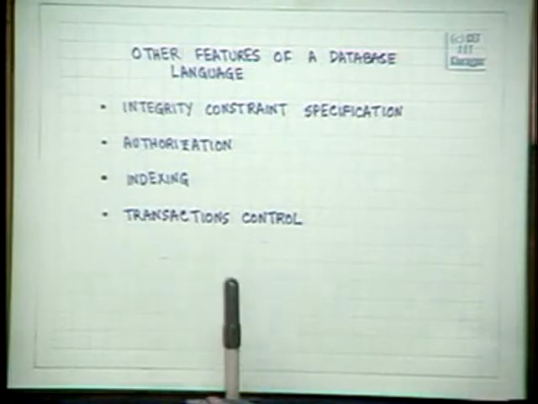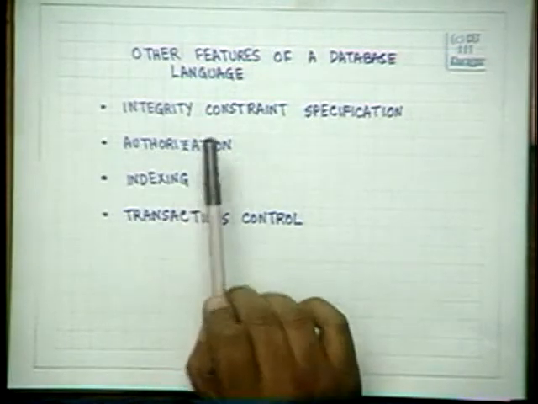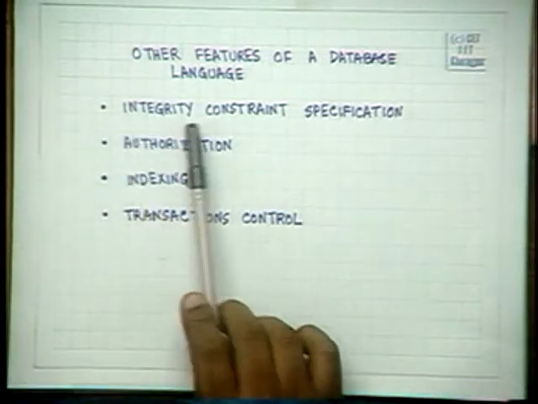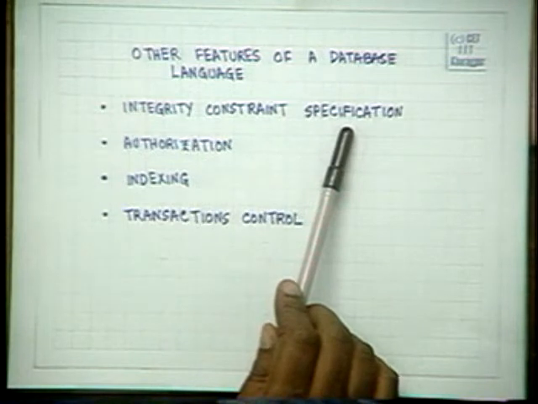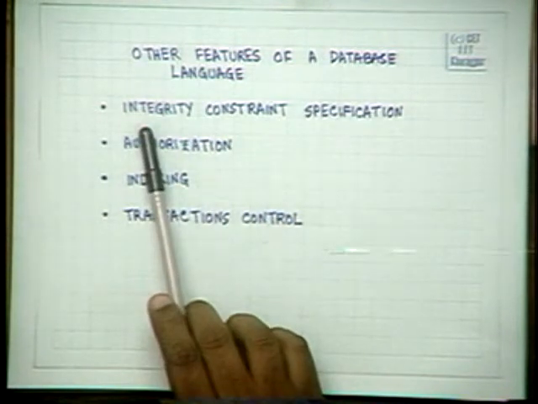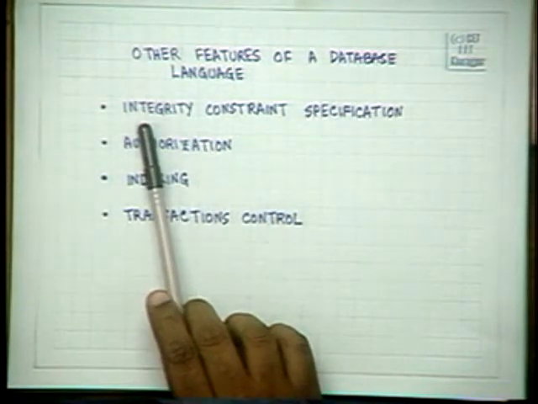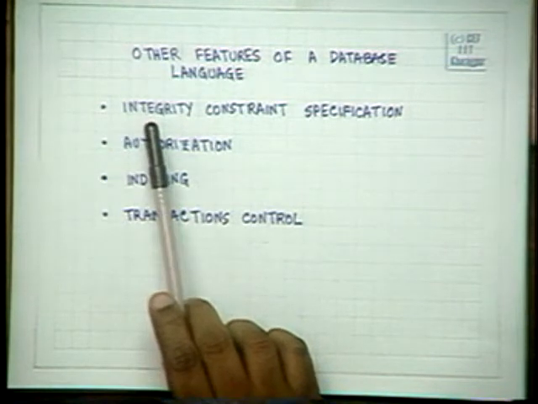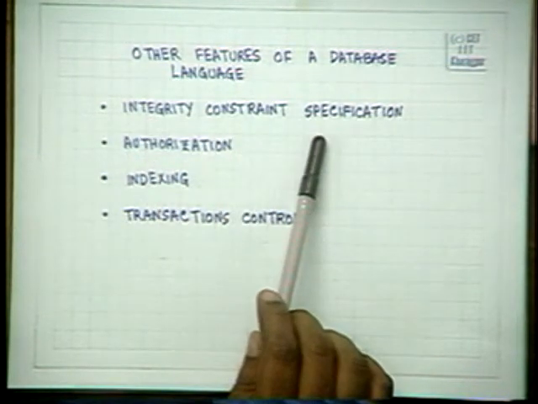And the other features which will be available in any database language are specification of integrity constraints. You will specify what the primary keys are, what the secondary keys are, and what constraints must hold during any operation on the database.